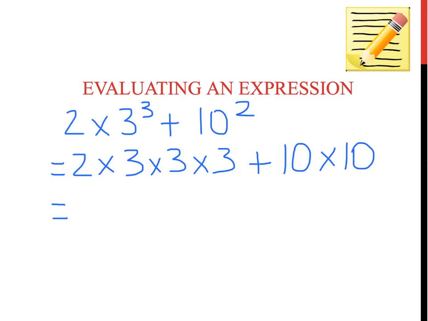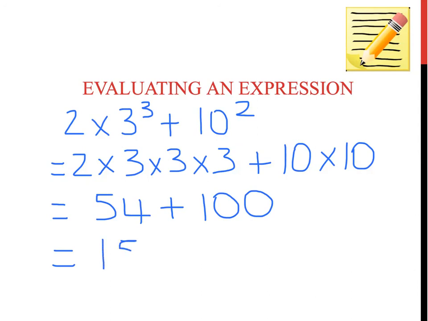So 2 times 3 is 6, 6 threes are 18, and 3 times 18 is 54. Then we do 10 times 10 here, which is 100. Now we can add them together following the rules of BOMDAS. So 54 plus 100, that's pretty easy, it's 154. Okay, please write that down in your books.